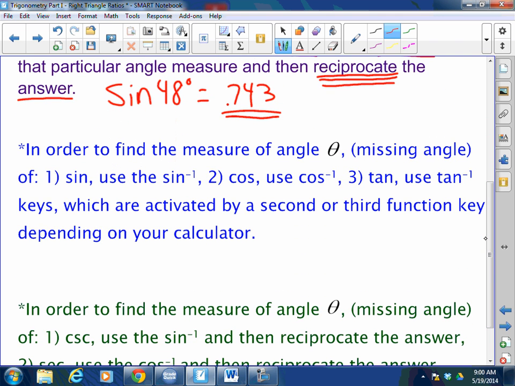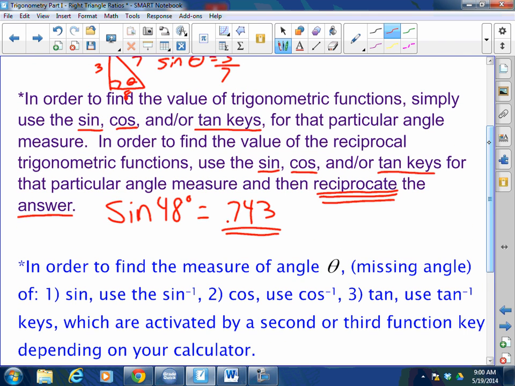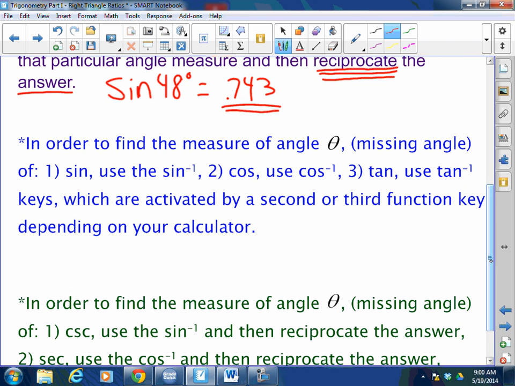In order to find the measure of the angle, please be careful with this. To find the value, you use sine, cosine, tangent. Okay? To find the angle measure, you want to find the theta, the missing angle, you use the sine to the -1.